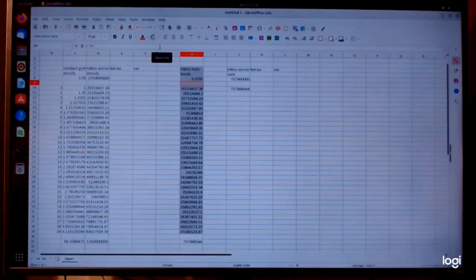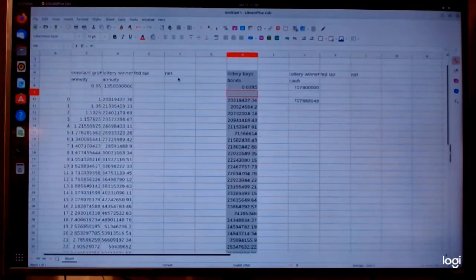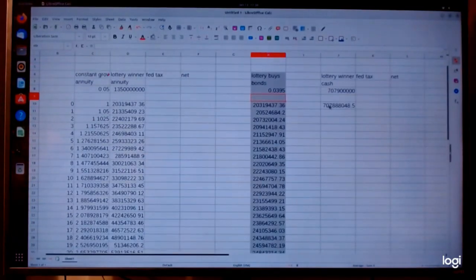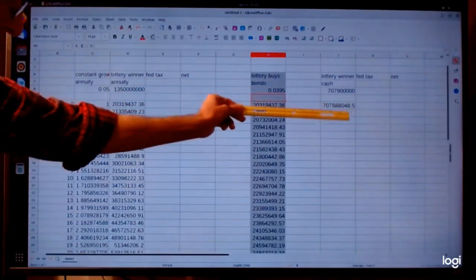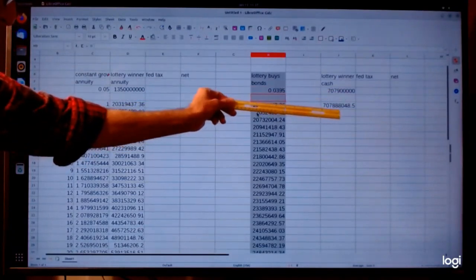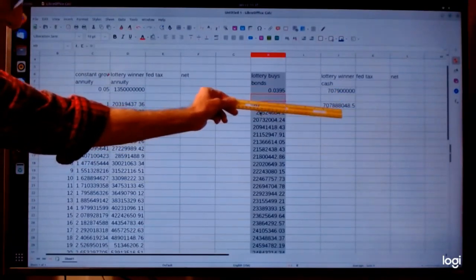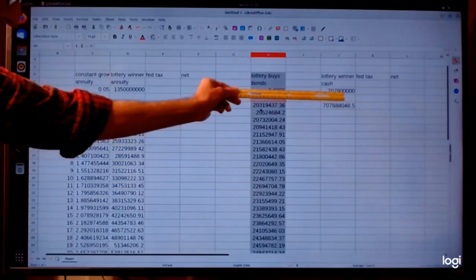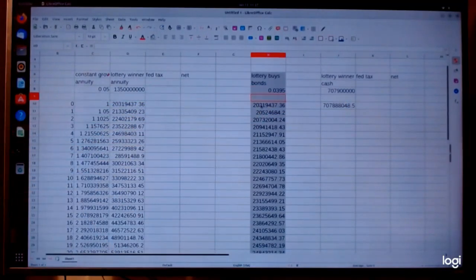Let me blow that up just a little bit. Yeah, so we're much closer with the 0.395. And this is our calculated value, and that's the estimated value. So we just need to be close.